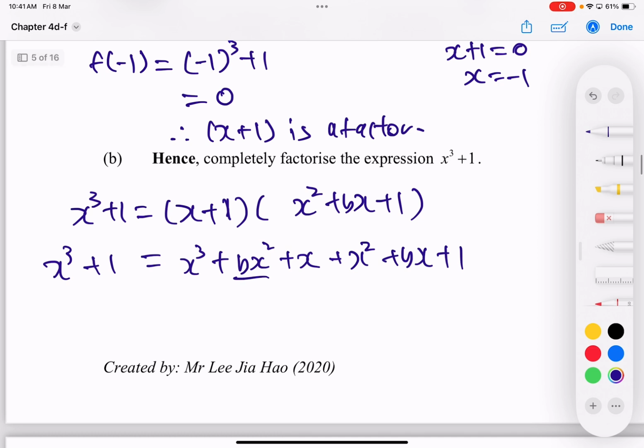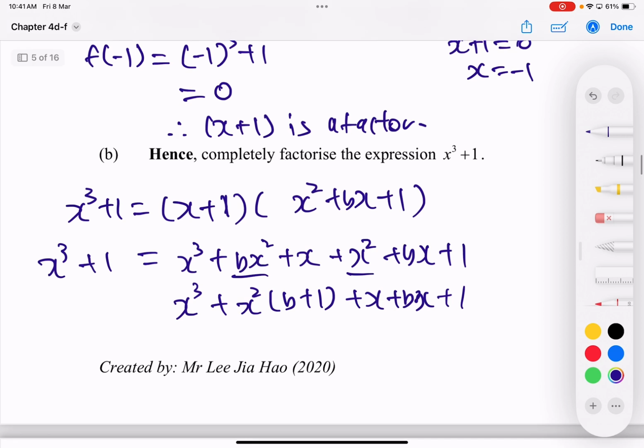If you focus on all of the x, I'm going to group all the x together. x cubed plus, I factorize out the x squared, (b + 1) x squared. Of course, I have plus x plus bx plus 1.